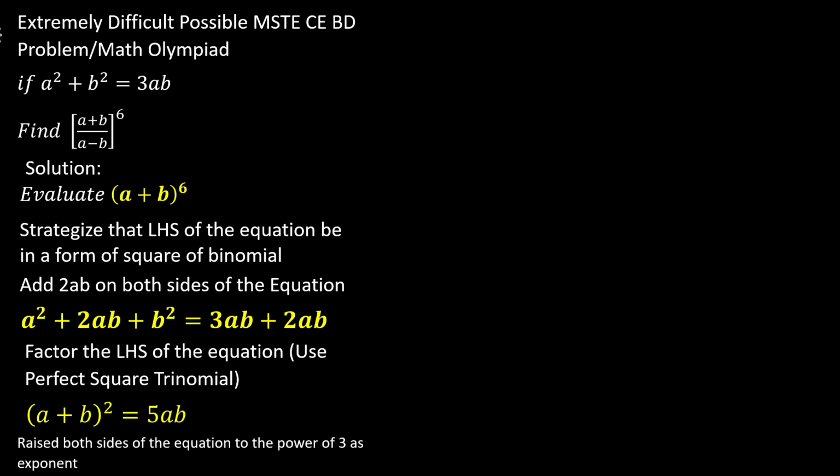And for the next step, we have to raise both sides of the equation to the power of 3 as exponent. Both sides of the equation are now raised to the third power. Allow me to read it: the square of (a plus b), in brackets, raised to the third power is equal to (5ab), in brackets, raised to the third power.